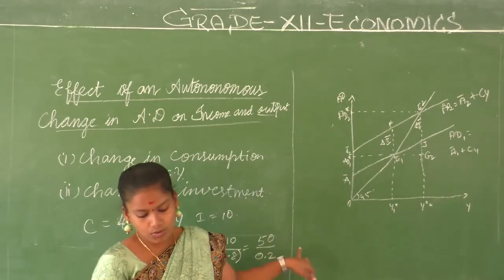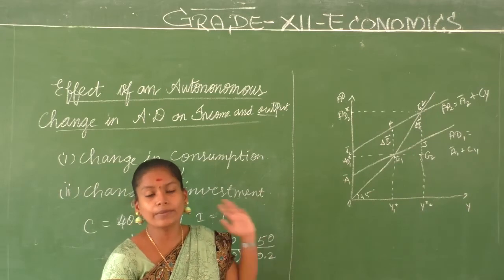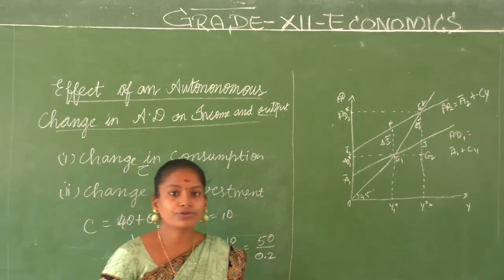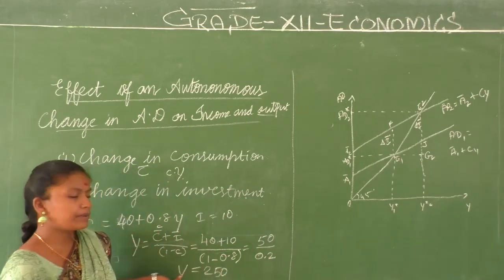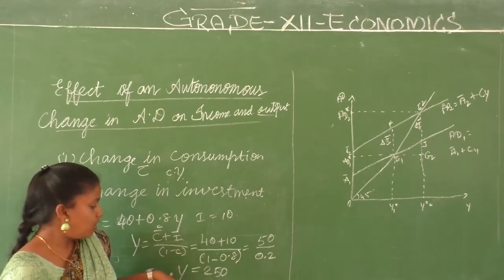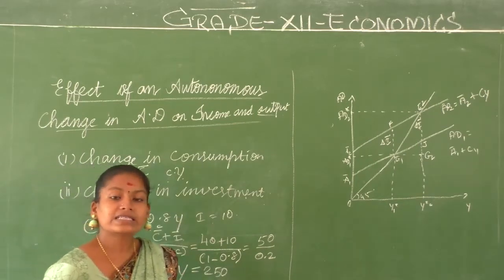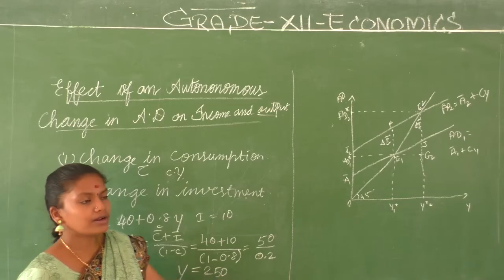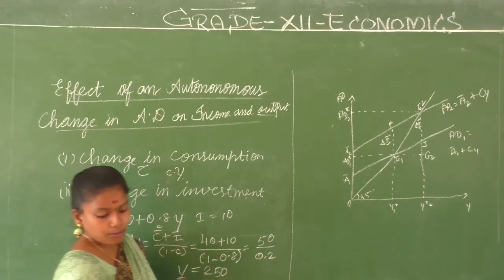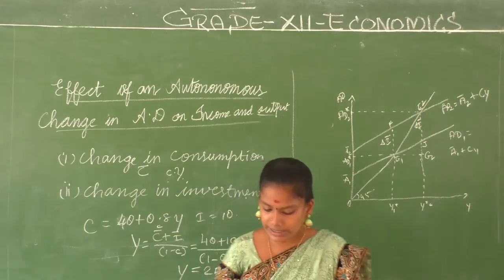So the equilibrium income obtained by this equation comes out to be 250. Y stands for income as well as output, but here in this case you are taking it as income. It comes to be 250 with the formula of y equal to aggregate demand.